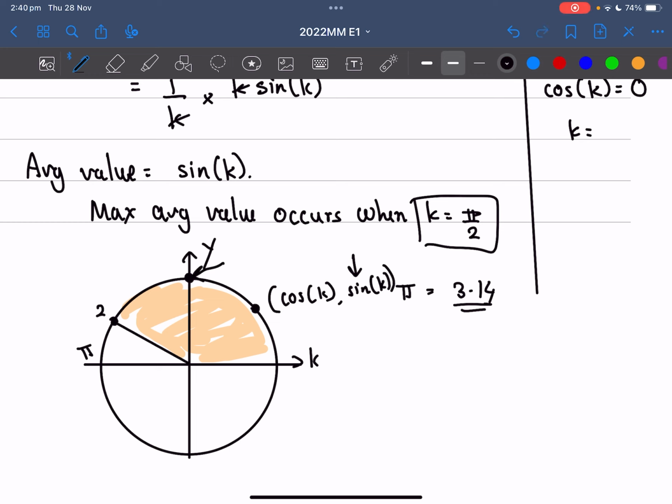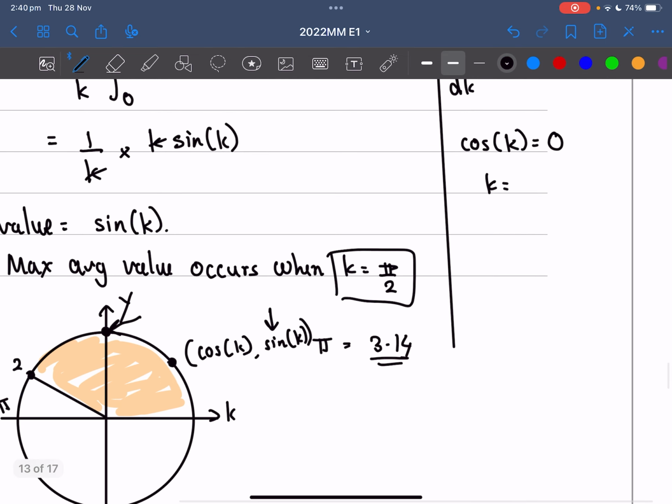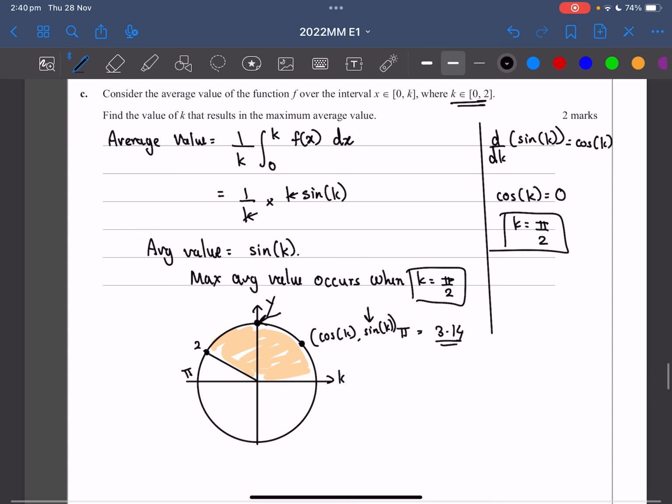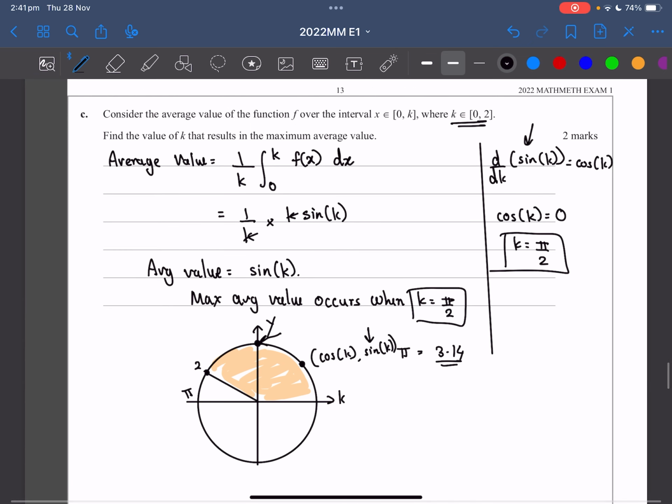Right here, right? Because that's the y-intercept, correct? So we want a value of k such that the x coordinate becomes 0. Cosine of what is going to be 0? Cosine of pi on 2 is 0, right? So pi on 2.